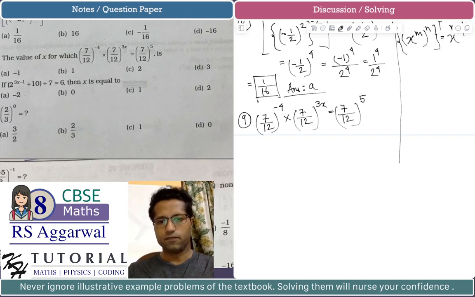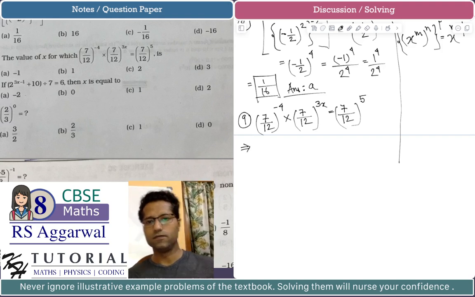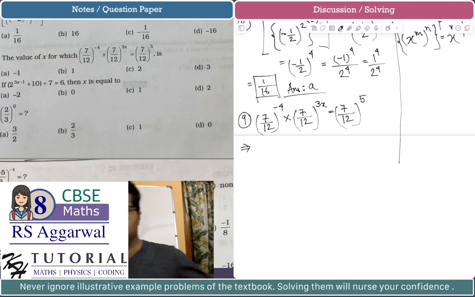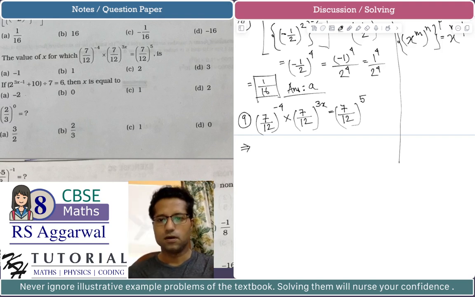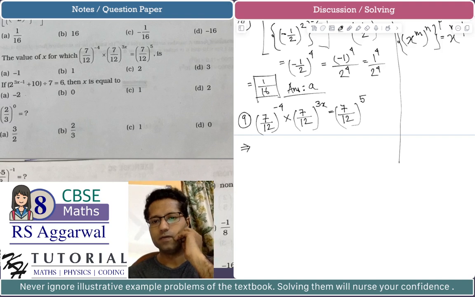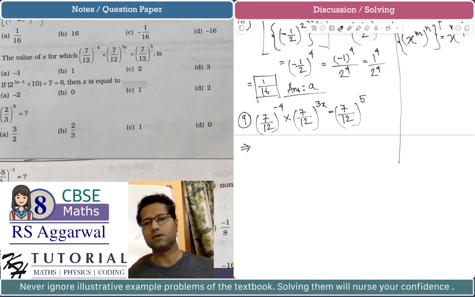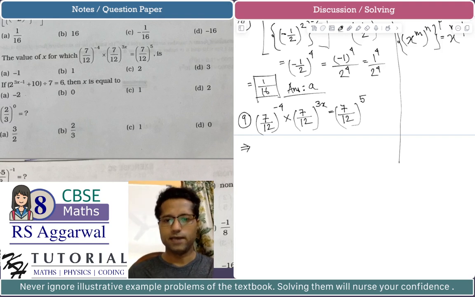So I have to simplify first of all both the LHS and the RHS to convert them into a single exponential form. Now on the left hand side I can see that it is 7 by 12 raised to the power minus 4 multiplied by 7 by 12 raised to the power 3x.